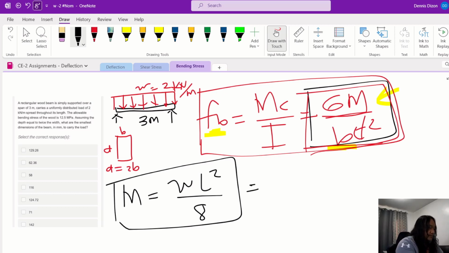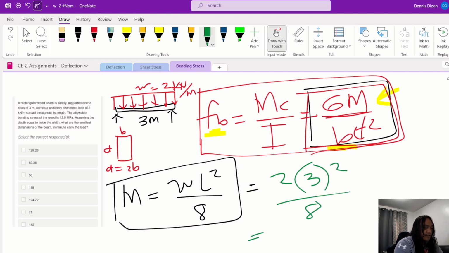w is 2, and L is 3, squared, over 8. Therefore, our maximum moment is 2.25 kilonewton meter. So that is our moment due to the load, 2.25 kilonewton meter.